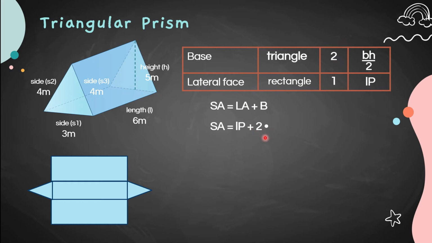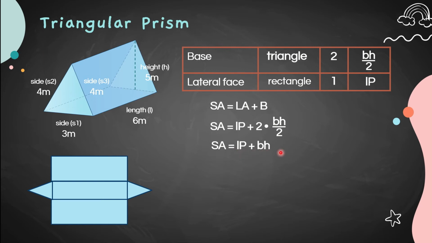So since we have 2 triangles, we have 2 times the area, base times height divided by 2. So let us simplify first. Since 2 times base times height divided by 2 is base times height, the formula on how to find the surface area is length times the perimeter of the triangle plus base times height.